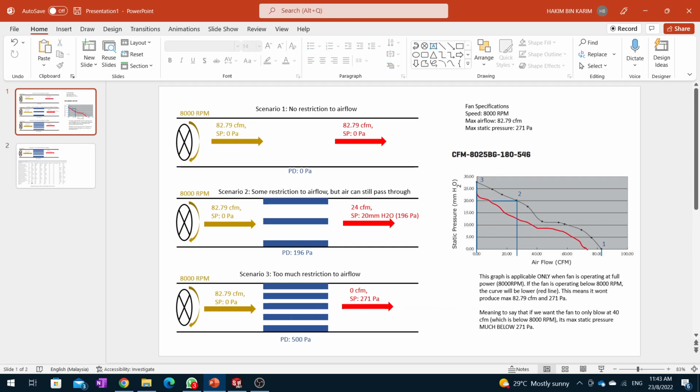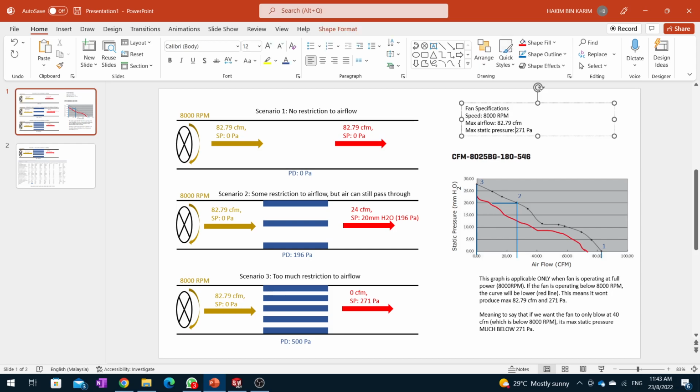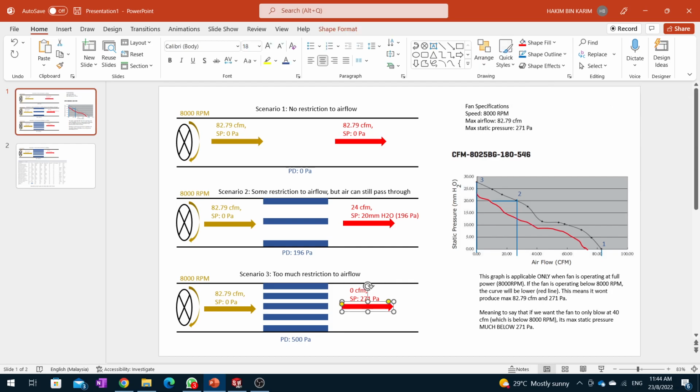If you want the air to pass through the heat exchanger, the fan must be able to produce a static pressure higher than the pressure drop. And because the fan's maximum static pressure is only 271 Pascal, which is not able to overcome the pressure drop, the air at the outlet is only zero CFM. It means there is no air passing through the heat exchanger.